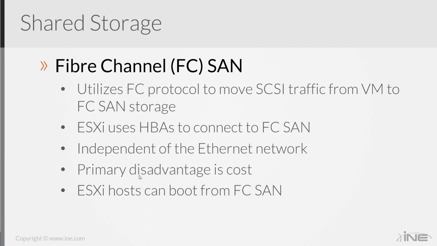The primary disadvantage of implementing a Fiber Channel system would be cost, since we'll need to procure additional hardware like the Fiber Channel switch and the specialized host bus adapter in our ESXi host.